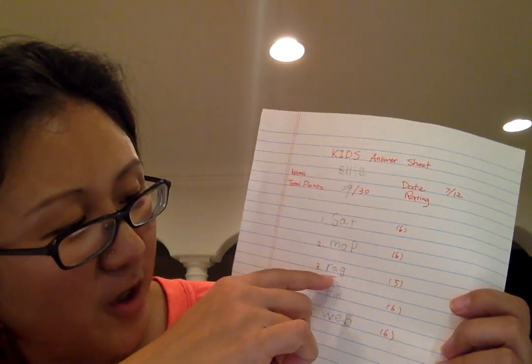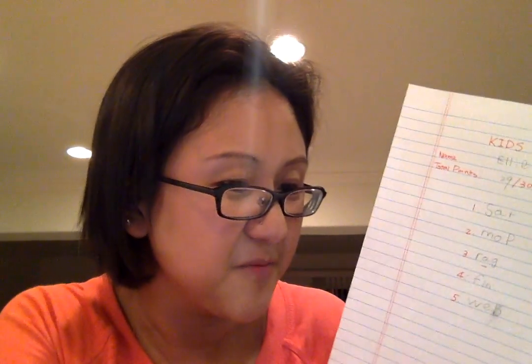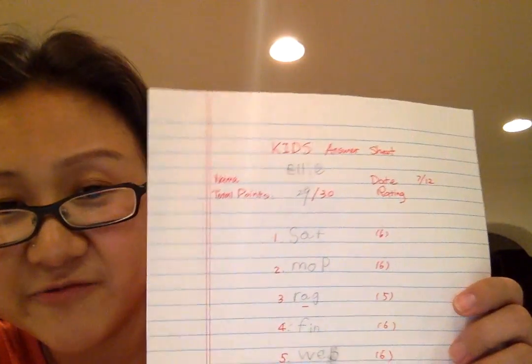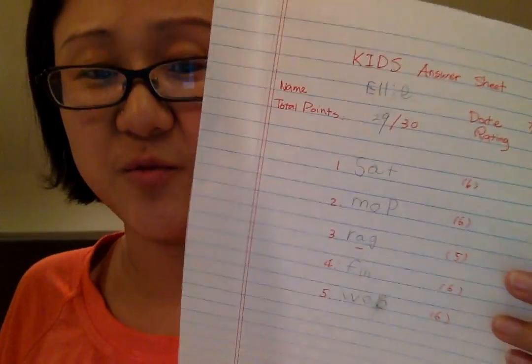The third word is rug, and she spelled R-A-G. But according to the direction mentioning 103, that gave her a 5 point. So she scored 29 out of 30, which is still pretty good. And okay, so I'm sure now she's in the letter naming stage.